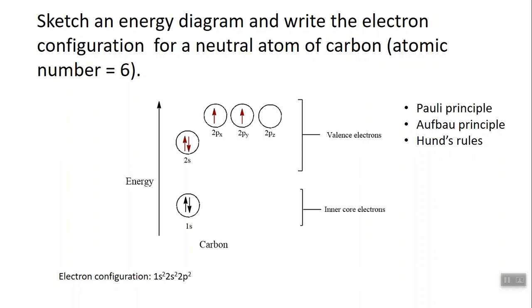Now that's full. And Hund's rule then tells us that for these degenerate orbitals of the same energy, it's lower energy to have those electrons in separate orbitals rather than paired in the same orbital.